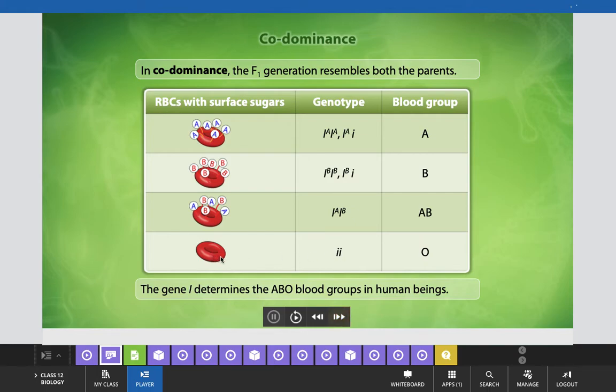And in the case where neither A nor B type of sugar is present, meaning both are absent, the genotype is small i, and that blood group is represented as blood group O. Here, in this example of codominance, the gene I determines the ABO blood group in human beings.